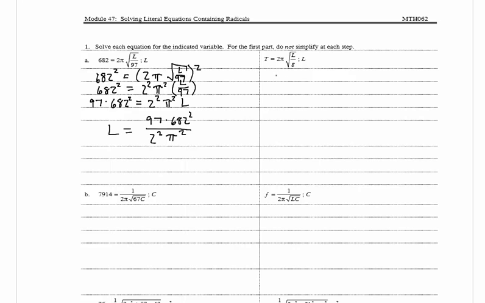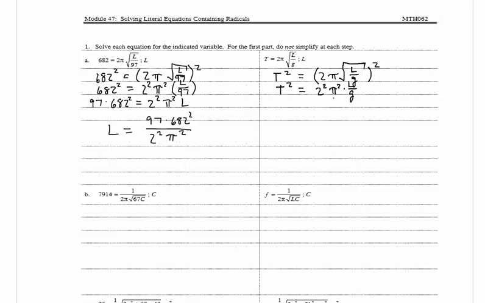So the first step is to square both sides. So we have t squared is equal to 2 pi times the square root of L divided by g, all squared. And now I have t squared is equal to 2 squared times pi squared times L divided by g.